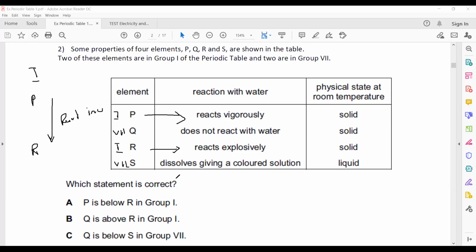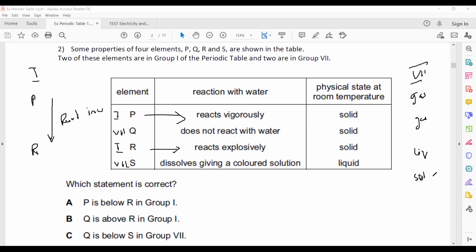They mentioned 2 of them are in group 7 and 2 of them are in group 1. So for group 7, first they are gases, then liquid, and then solid. So gas, gas, liquid, solid. What does it mean?